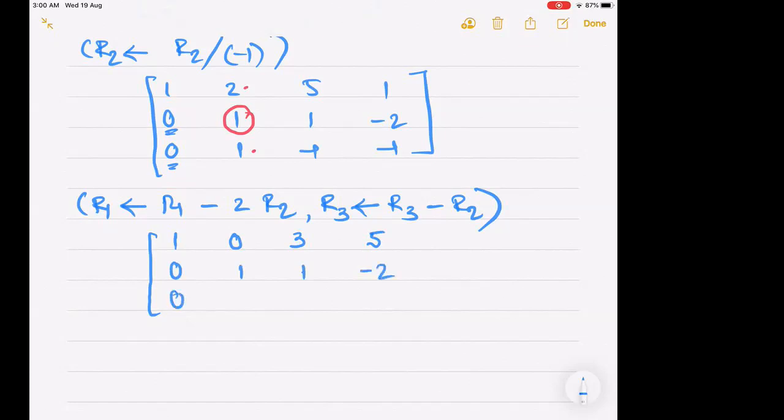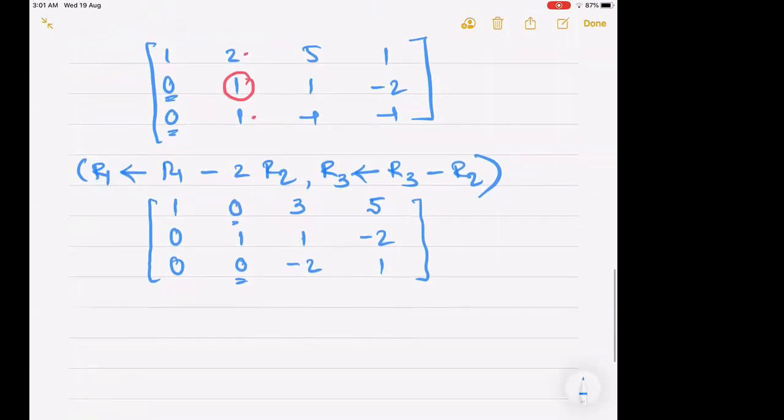This is 0. This guy is going to become 0 because I'm doing R3 minus R2. This will be minus 1, minus 2. And this will be minus 1 and plus 2, which is plus 1. Right? I think it's okay. So I'm done. I've created these two zeros. So I'm good with this column.